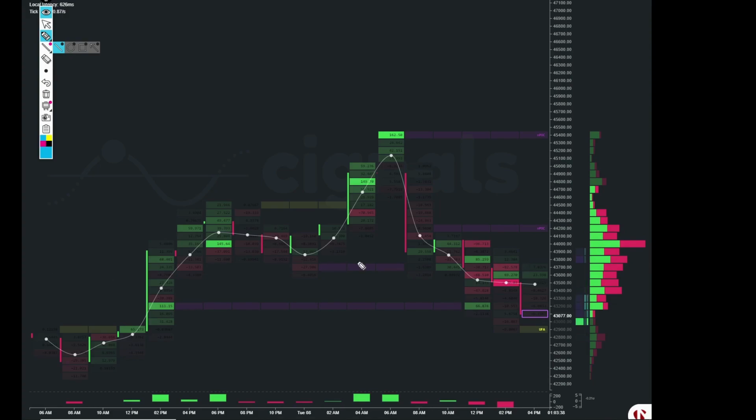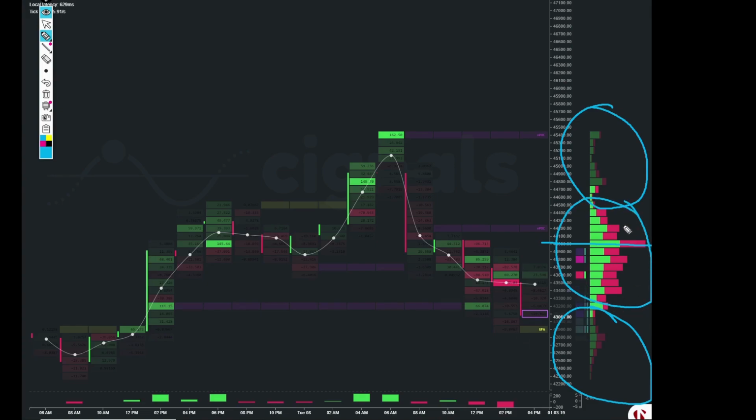You can even do it with your finger and go directly halfway through the profile like this and see if the majority of the trading is happening up here or down here. And right now, the majority of the trading is happening in the middle of the profile for the most part on the 2-hour Bitfinex BTC USD pair and cluster.